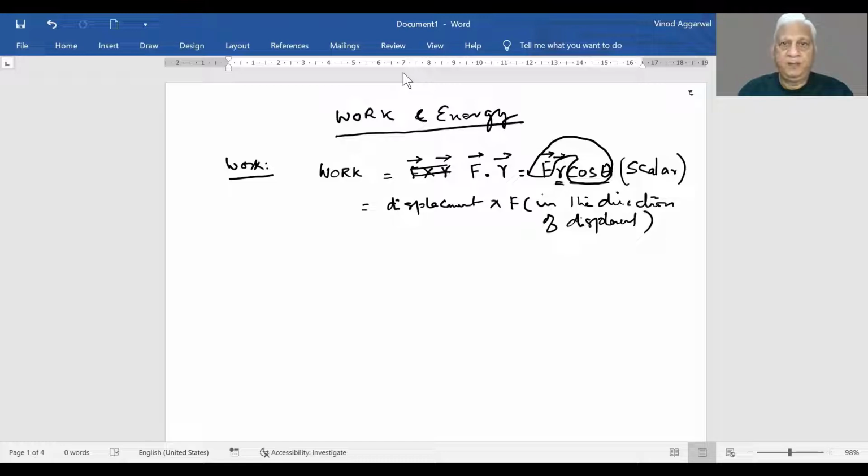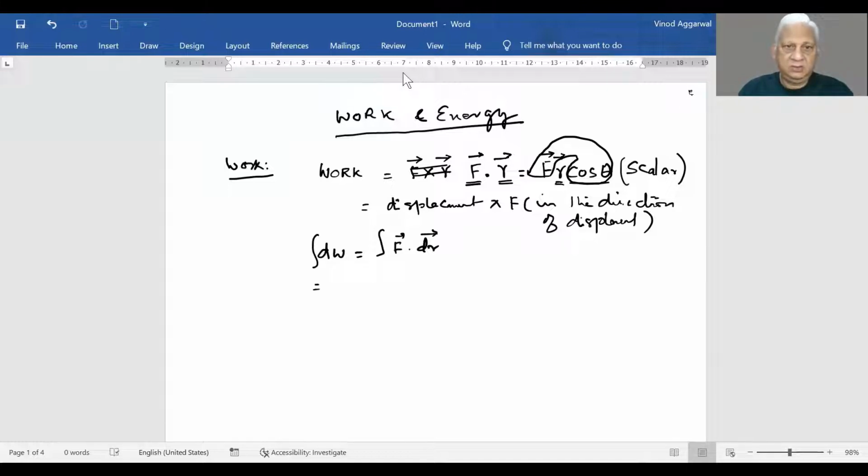Okay. Now, it is not necessary that your force should remain constant or the direction of r should remain constant. No, not at all. So what we do is we can always define a small dW which is equal to F dot dr. And if we want to find the complete work done over a cycle, we simply integrate both of them, right?